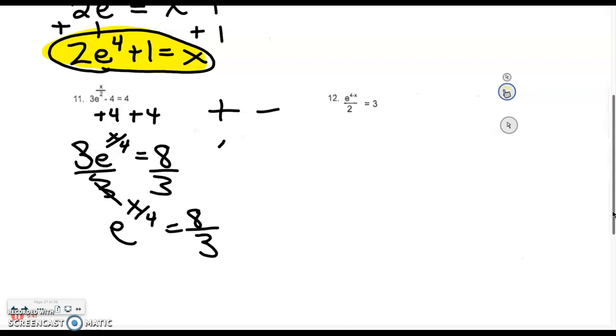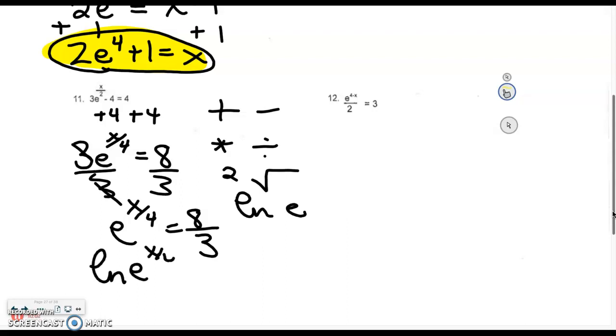You know how multiplication and division undo each other? You know how squaring and square rooting undo each other? Natural log and e undo each other. So if you want to undo e, you take the natural log. These will undo it.